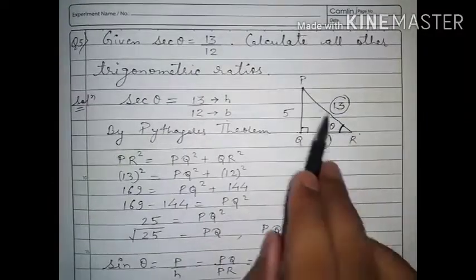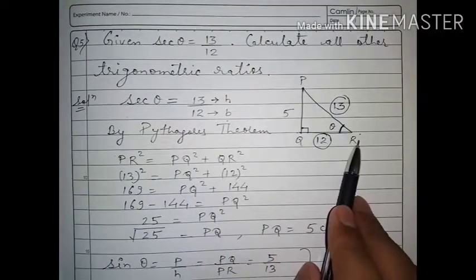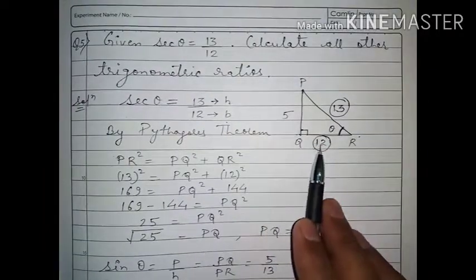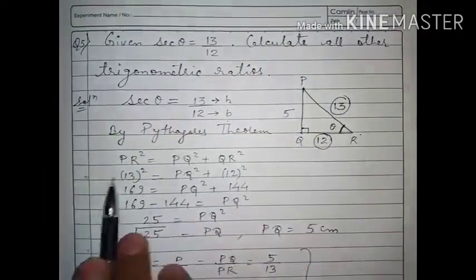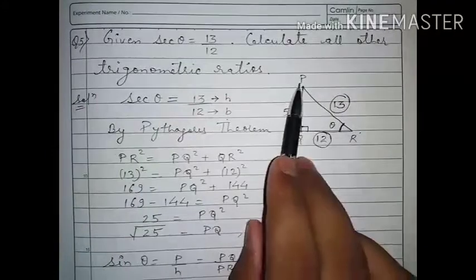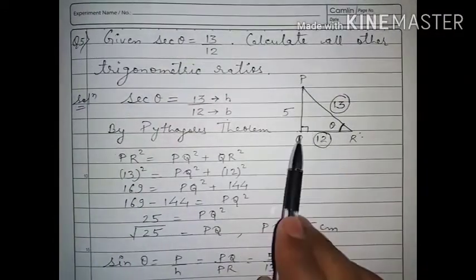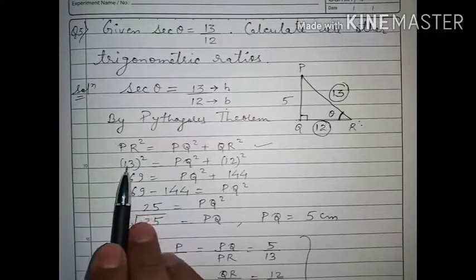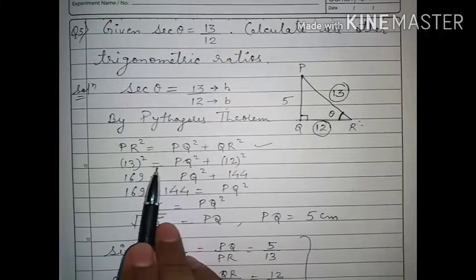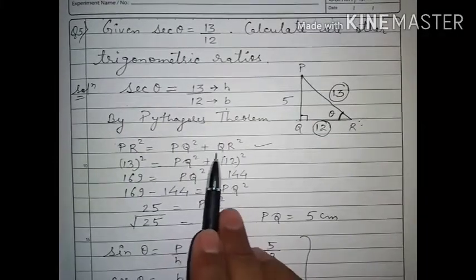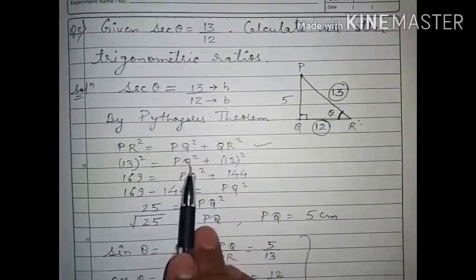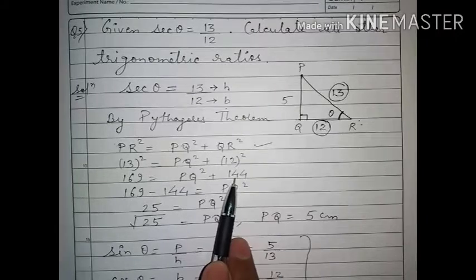So hypotenuse and the base are given. So first of all you have to find the perpendicular. How? By using the Pythagoras theorem. Applying Pythagoras theorem, PR square is equal to PQ square plus QR square. Putting the values, 13 square is equal to PQ square plus 12 square. 13 square is 169 is equal to PQ square plus 12 square is 144.